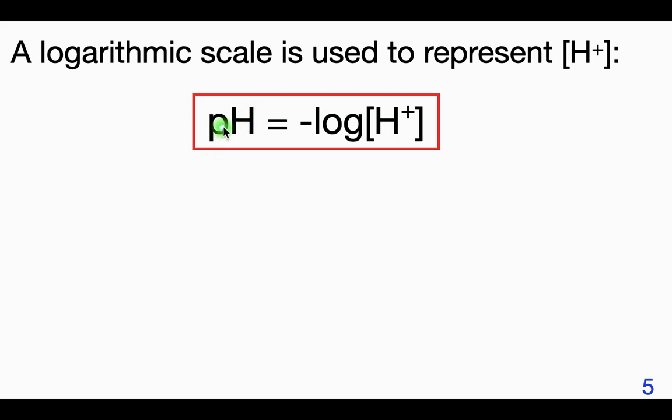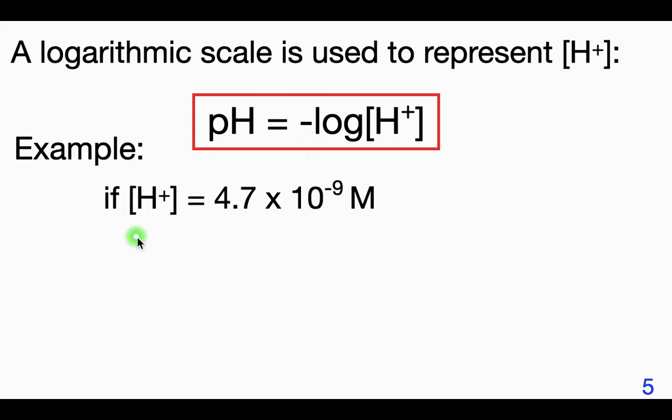The pH, the lowercase p, stands for the power that that ten would have to be raised to get the hydrogen ion concentration. Now the negative sign here is simply because if you were to put in the hydrogen ion concentration and take the logarithm of it, you would get a negative number. The negative sign here removes that negative number.